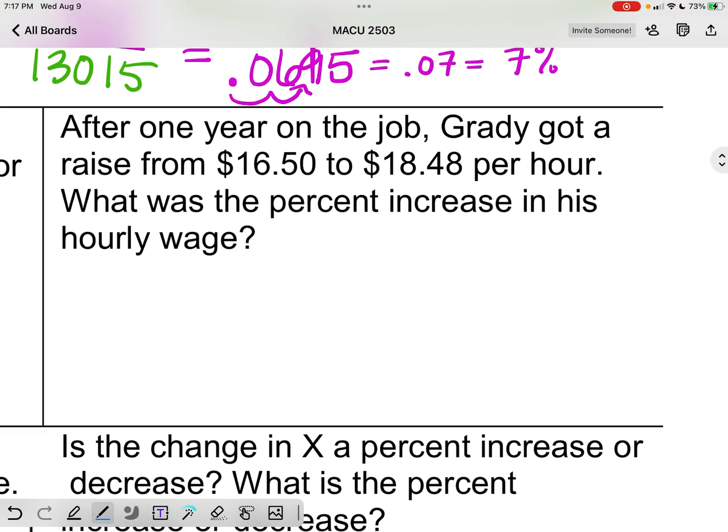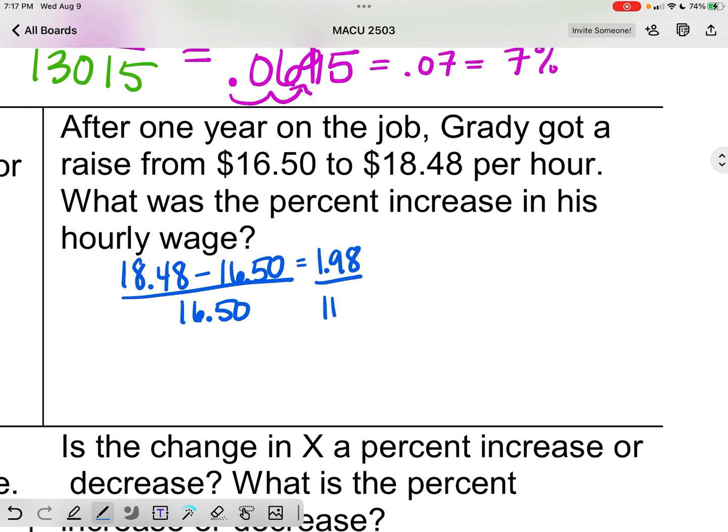Okay, so Grady got a raise from 1650 to 1849. So we're going to do our 1849. I'm sorry, 1848. The new amount minus the original amount, divided by the original amount. So on top, if I subtract, I'm at $198.